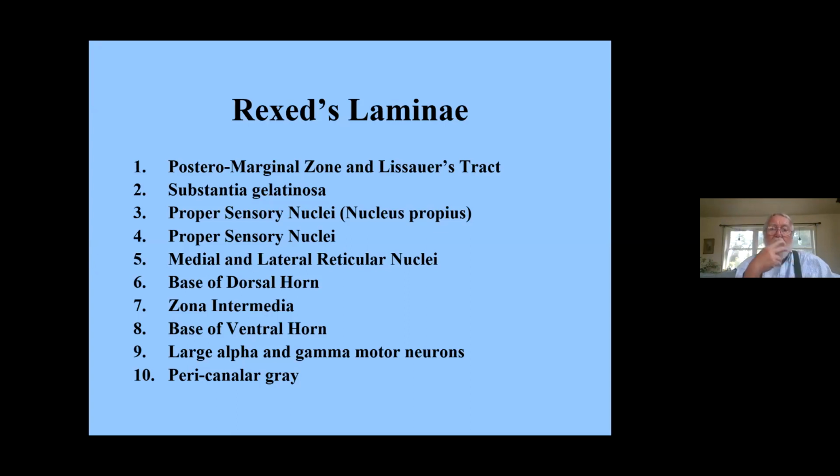And in lamina 2 and lamina 5, the type of somatosensory input that comes in there is called nociceptive input, N-O-C-I-C-E-P-T-I-V-E, basically talking about pain.